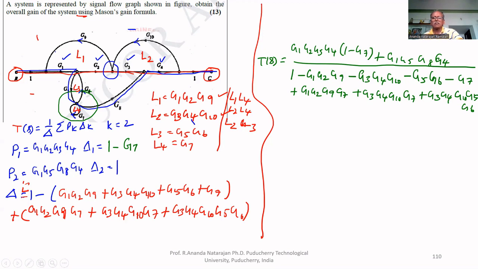That's all. This is the required transfer function. The denominator starts here and ends here.